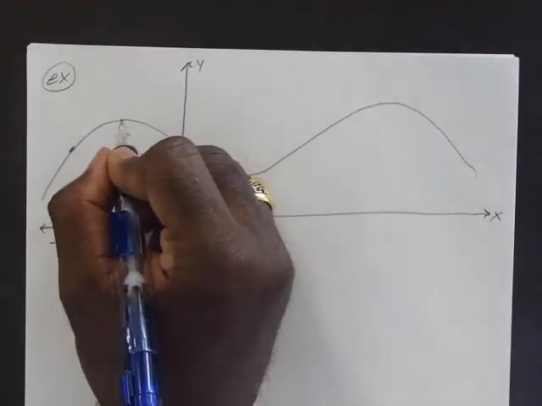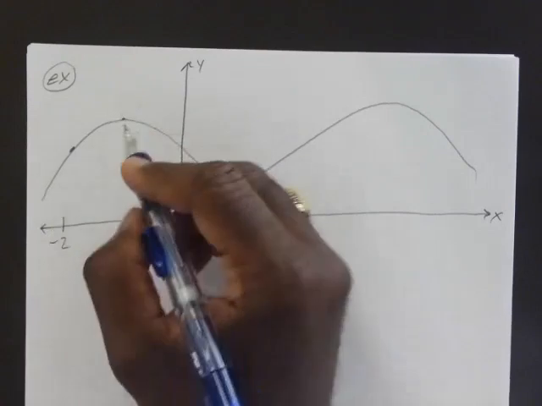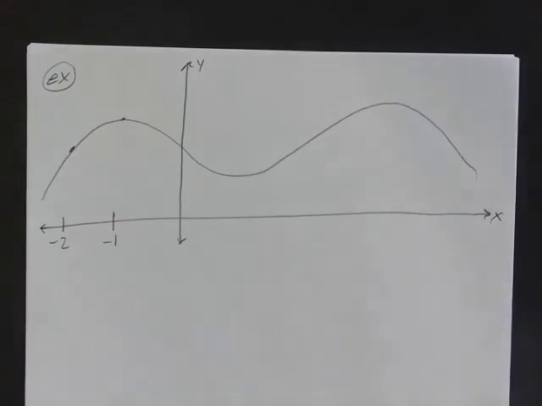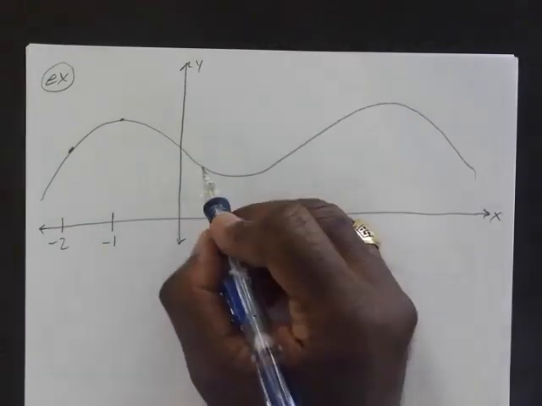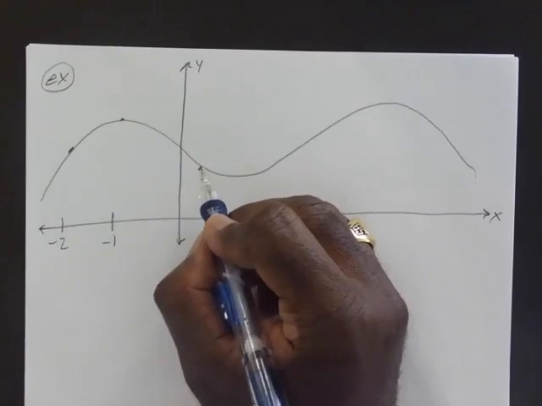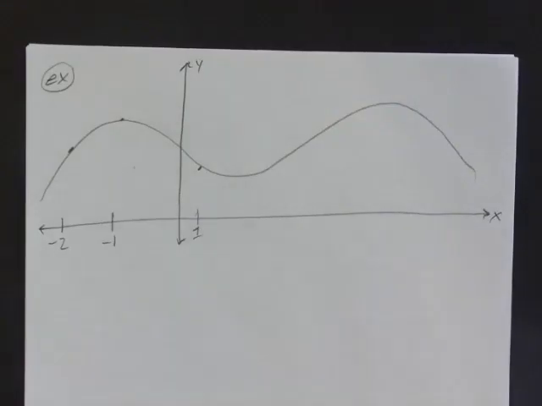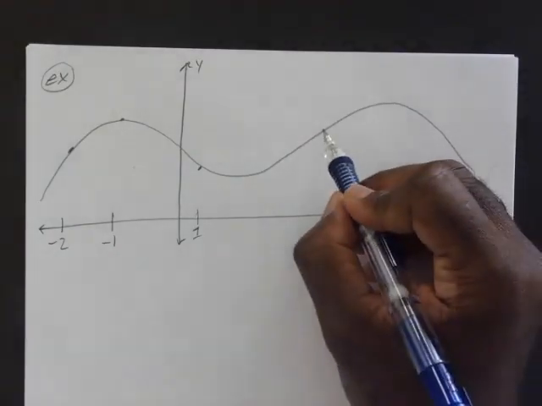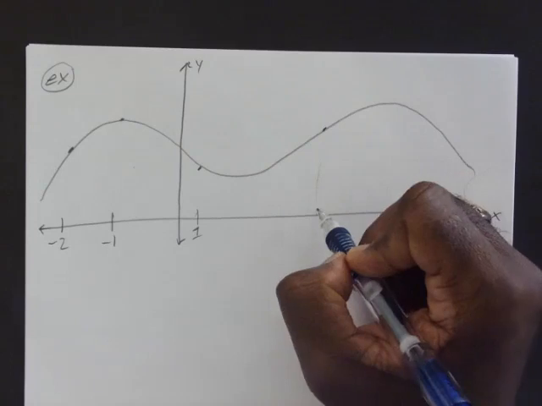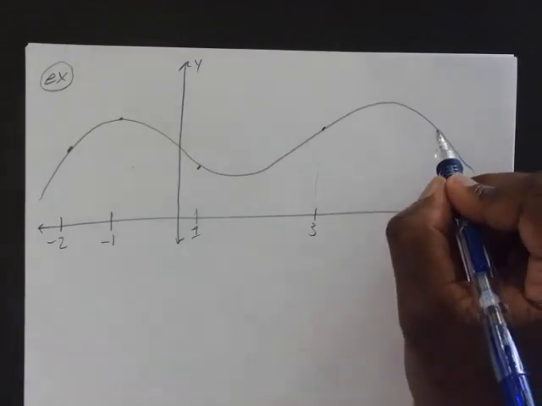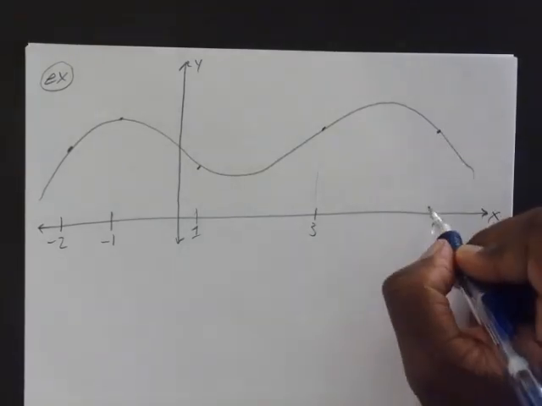And right here at the top of this curve, let's say that's where x is equal to -1. Let's say at this point here, that's at +1. Probably could have moved that over a little bit more, but let's say at this point here, x is equal to 3. And let's say at this point right about here, we make x equal to 5.